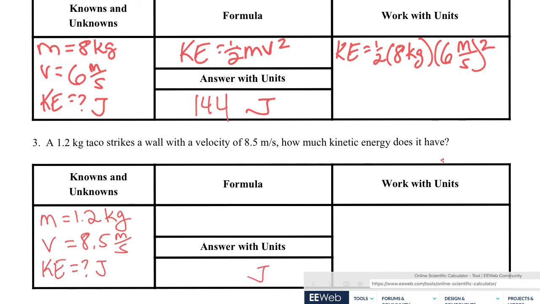Make sure our joules are there. So kinetic energy is 1/2 mv squared. So 1/2, and our mass is 1.2 kilograms. Our v is 8.5 meters per second, and we have to square it.